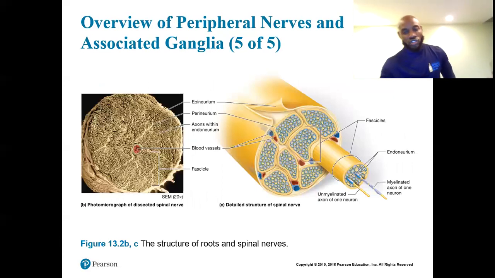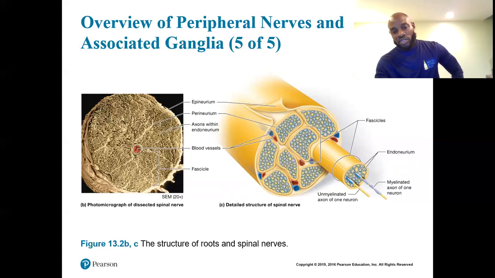And that's just showing you the structure of spinal nerves: epineurium around the outside, perineurium around different groups of axons, and the individual axons surrounded by endoneurium. Notice you have blood vessels.